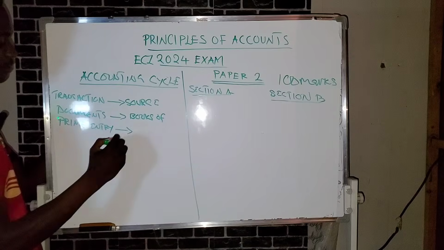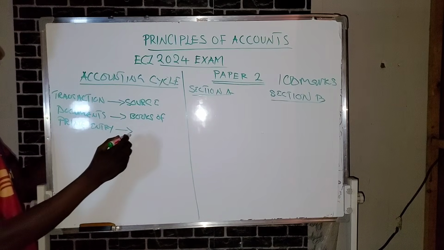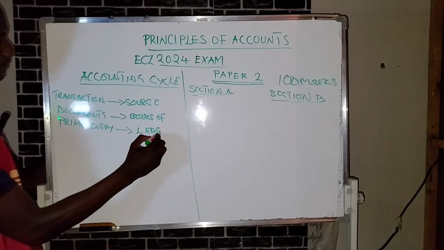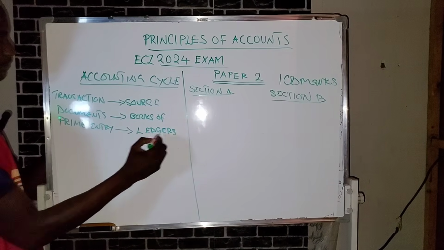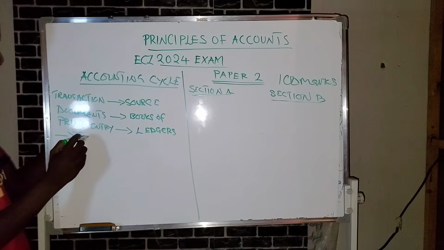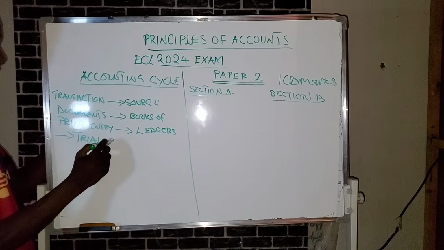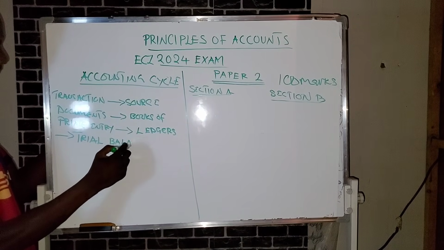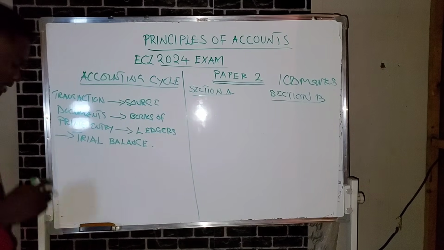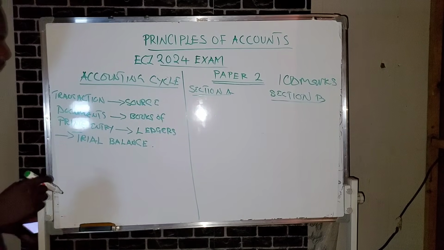From books of prime entry, you have ledgers. From ledgers, you extract the trial balance.